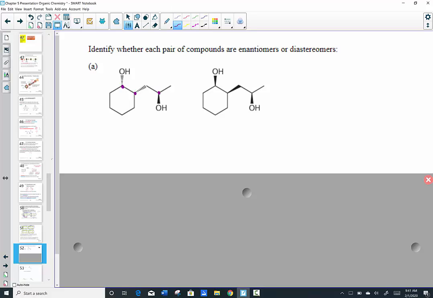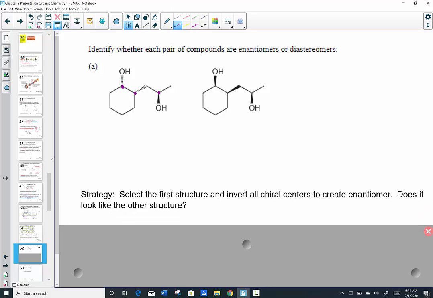In order to know if these pairs are enantiomers or diastereomers, we would have to look at the mirror image of that compound and compare it. This is a strategy: select the first structure, invert all the chiral centers to create its enantiomer. And does it look like the other structure? If not, then they're not mirror images.